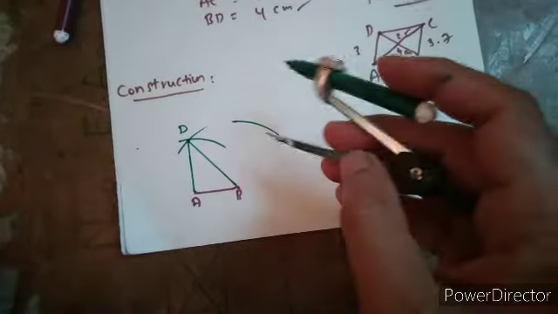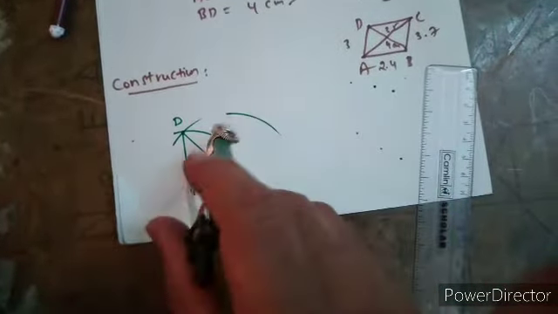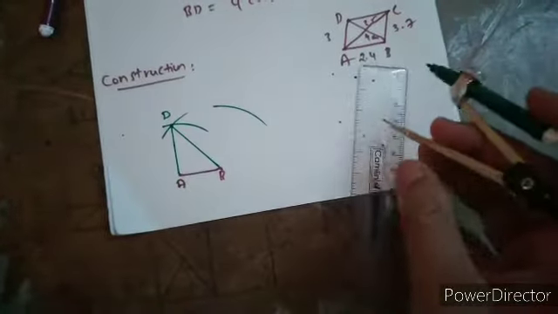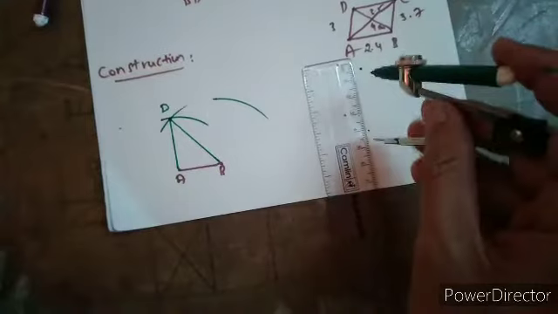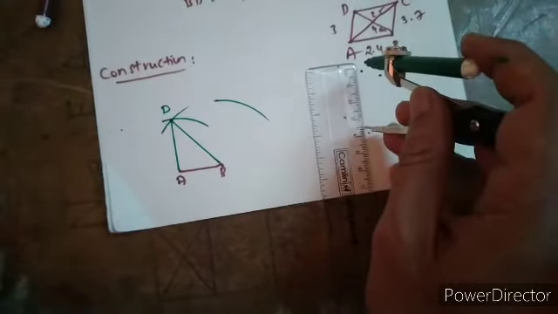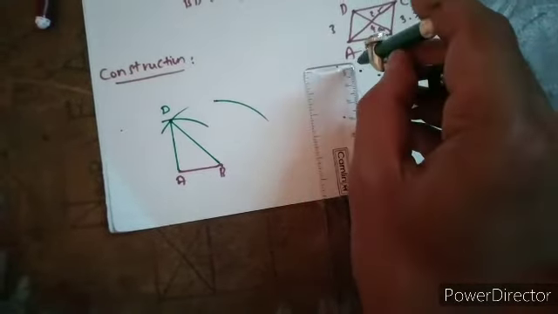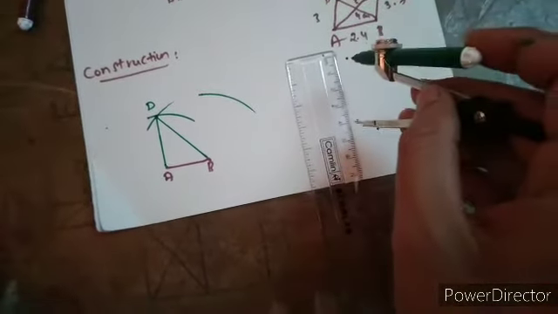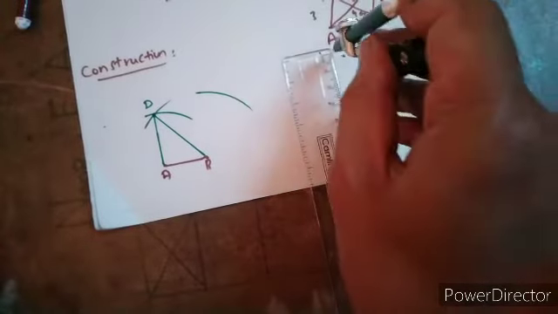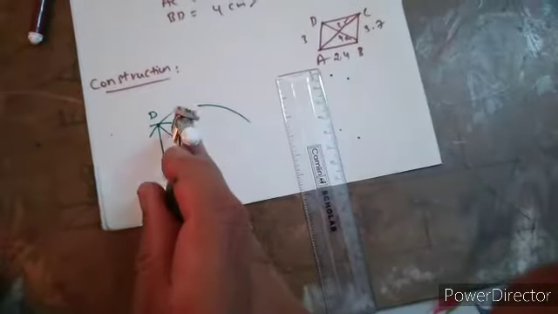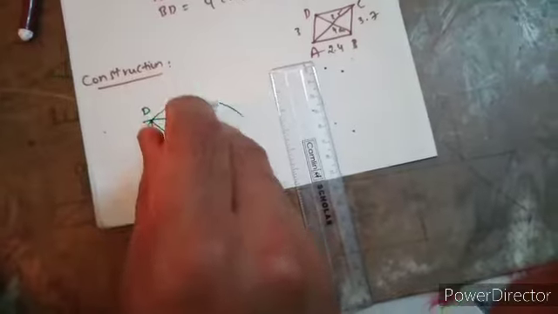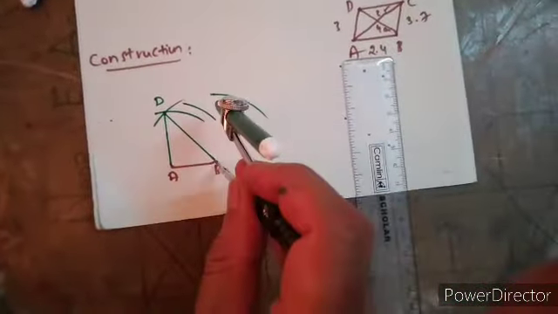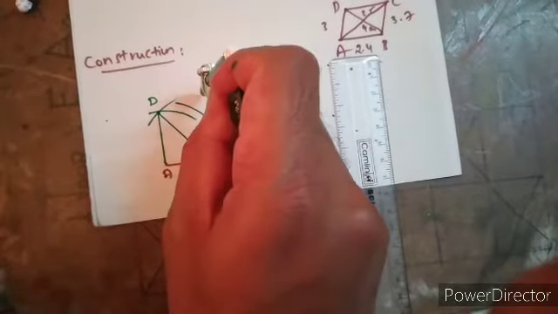How much would it be? 3.5. That means I have to extend this particular line segment, that means an arc.